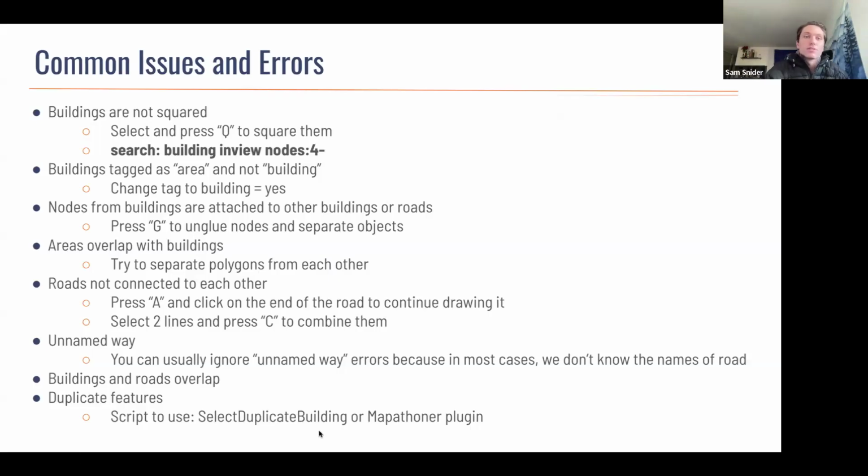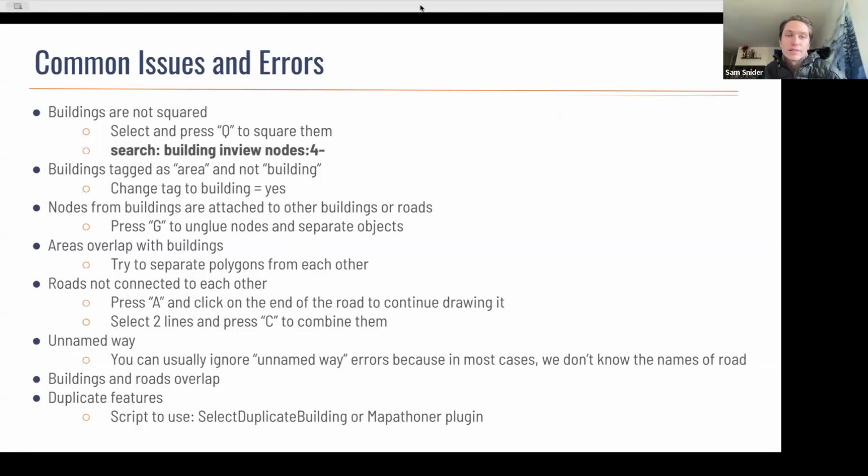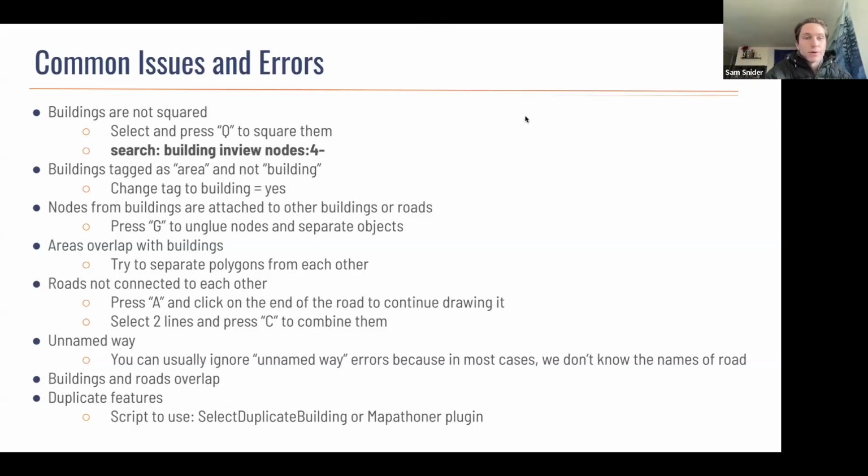So, some common issues and errors that we find while validating are that buildings are not squared or they're tagged improperly. You can fix unsquared buildings by pressing the Q key as a shortcut, and you can find buildings that aren't squared by using search functions.